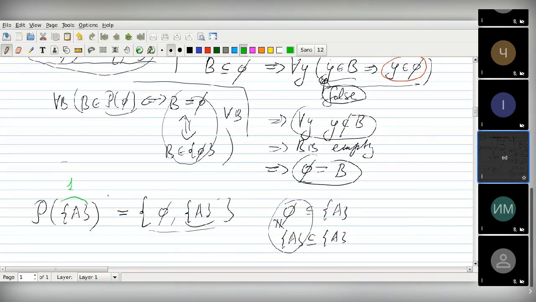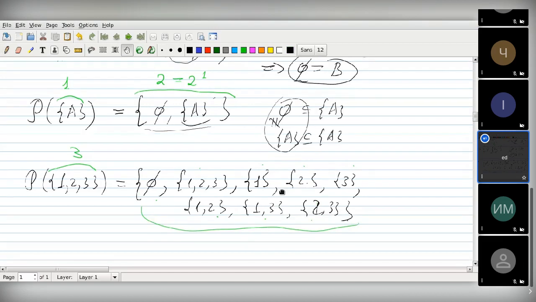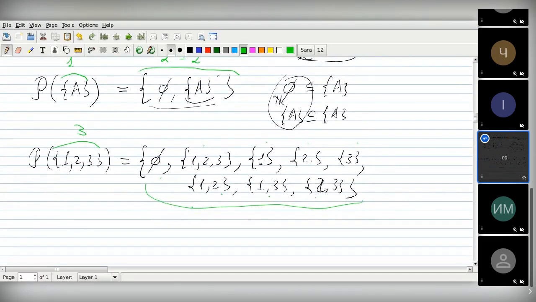Two, 2 to the power of 1. Here you have 3 elements, and here 1, 2, 3, 4, 5, 6, 7, 8. So you have 2 to the power 3, 8 elements.